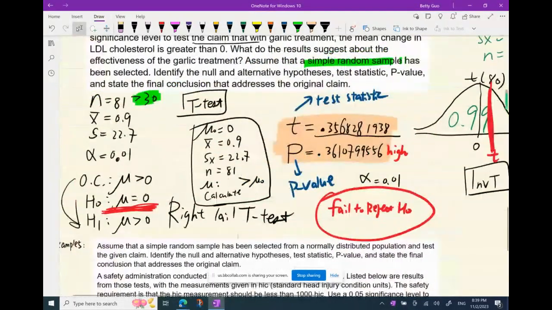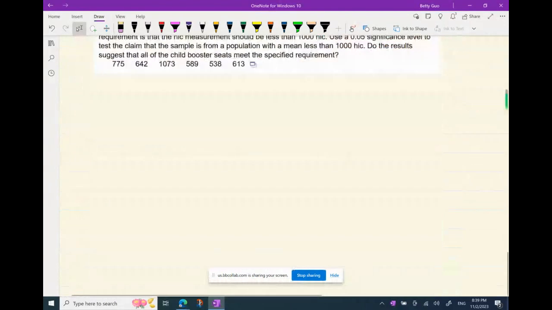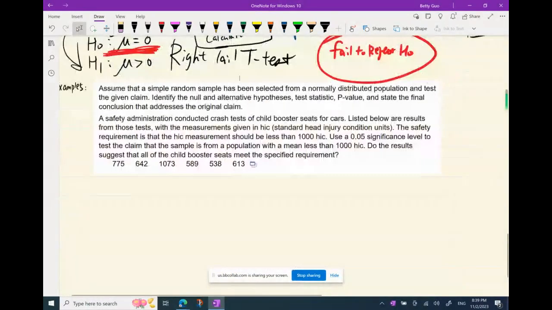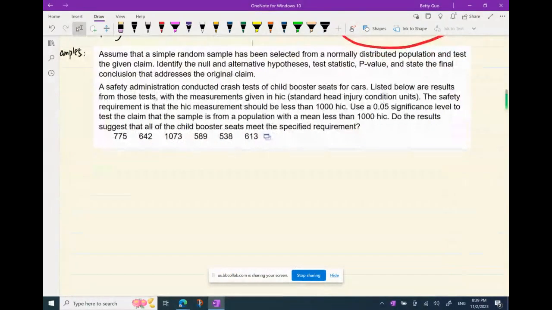All right, so last example. Let's see if my time management is good. We have 10 minutes for that.